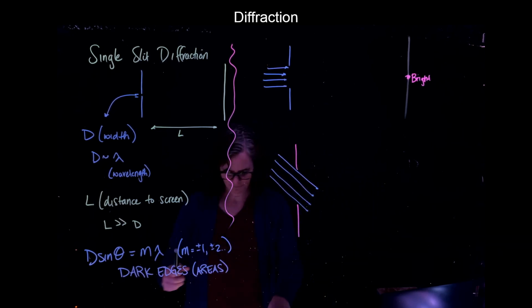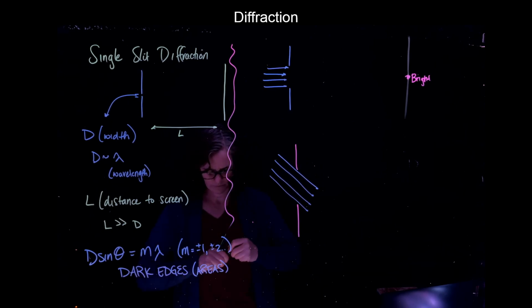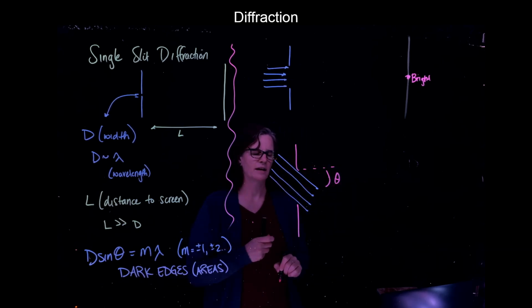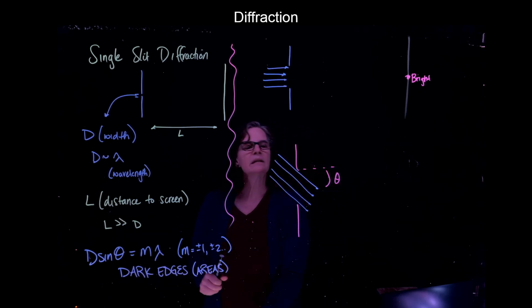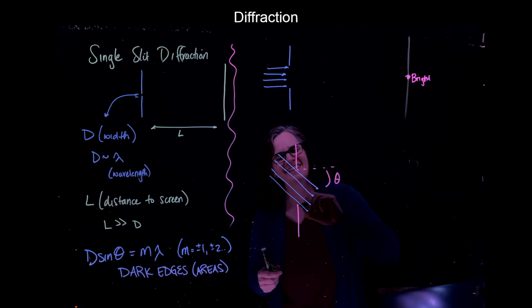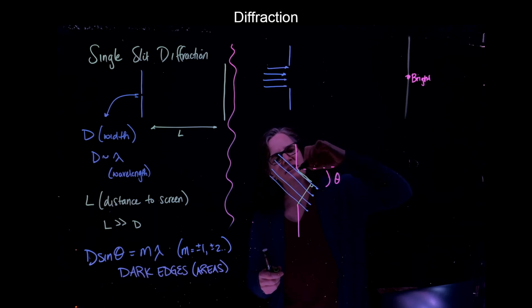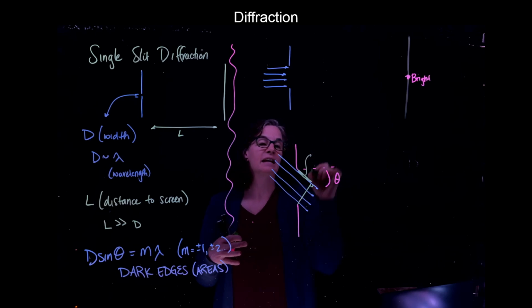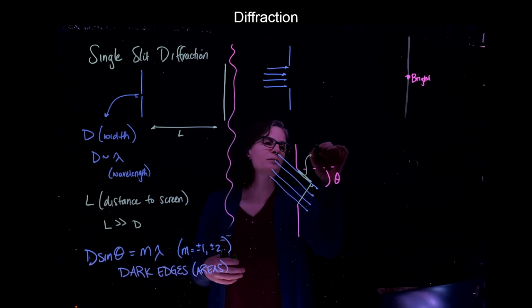This is our angle theta. And we're at an angle theta such that, I'll go ahead and draw this perpendicular again, such that this length, I'll draw it on there, it's a little bigger so it's easier to see, is 3/2 lambda.